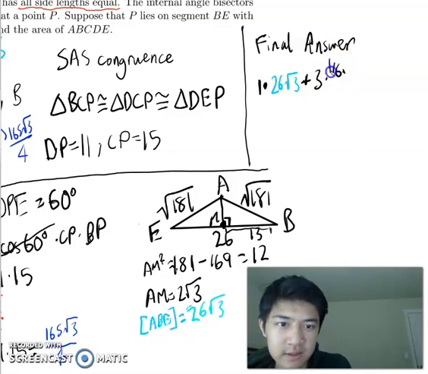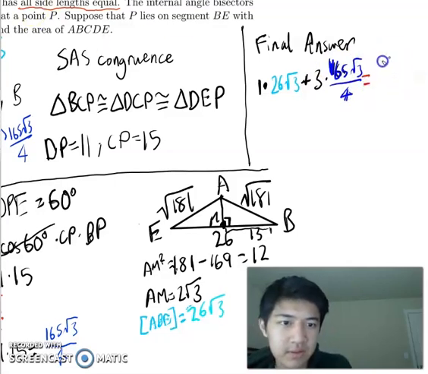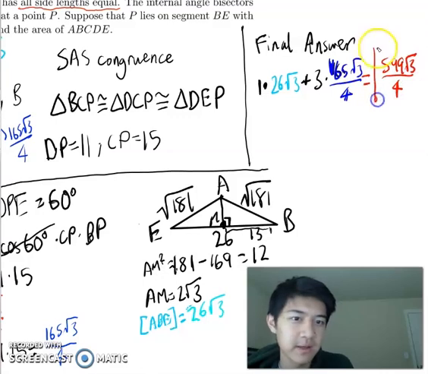And our final answer should be equal to 599 root 3 over 4. After a little bit of calculation, you just need to put a common denominator, and that's your final answer.